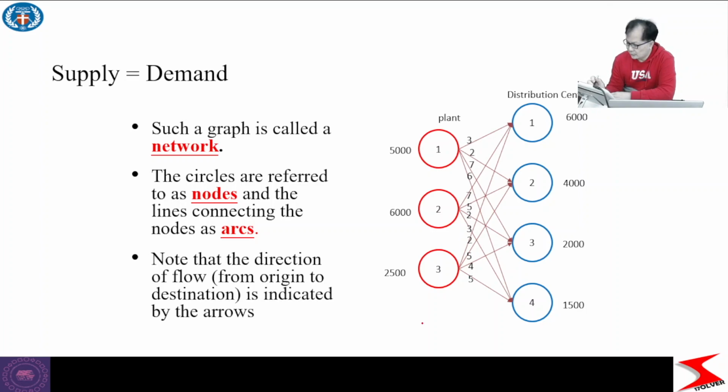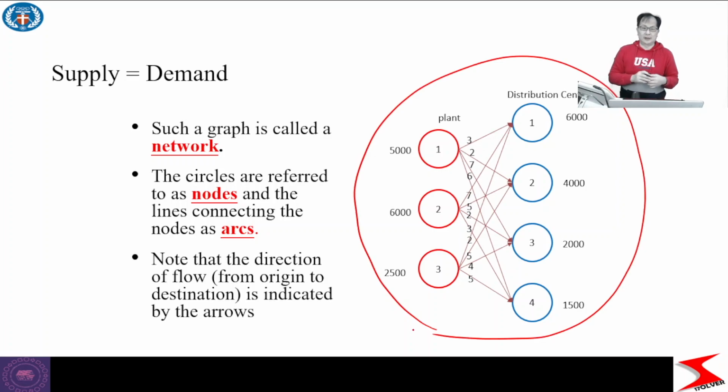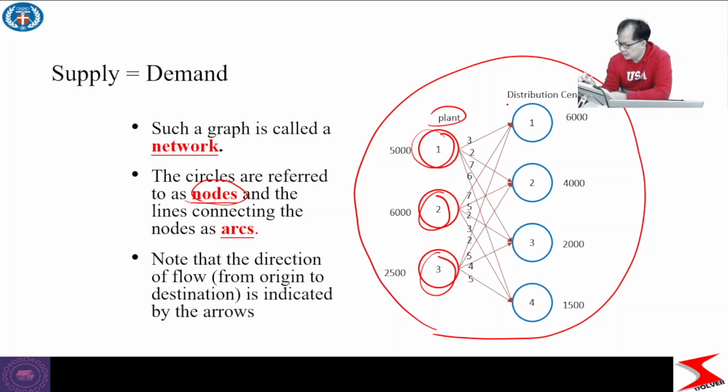we can see the right side graph here, which represents an abstract of the network flow model to describe the supply chain model. Okay, so for the nodes, we have plants 1, 2, 3 for the origin, and for the destination nodes, we use distribution centers to describe them. We have 1, 2, 3, 4.